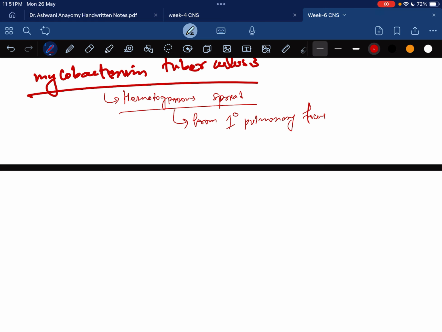We can culture on Lowenstein-Jensen media, and AFB stain is also done but is less sensitive for the CSF. I think I explained this in the first video.